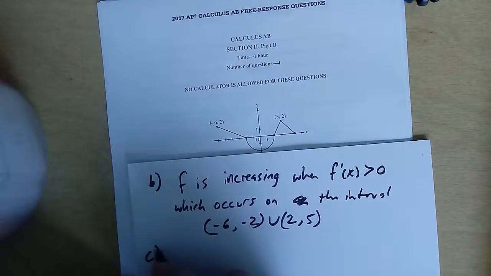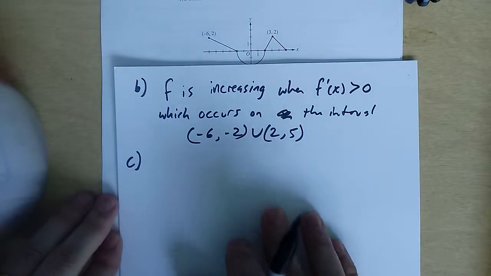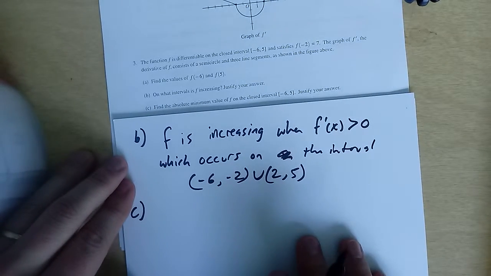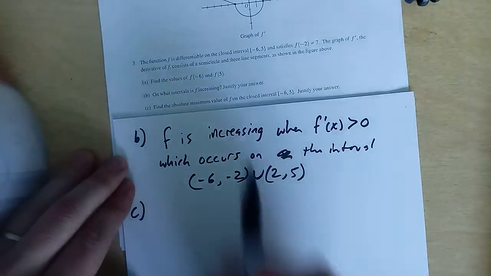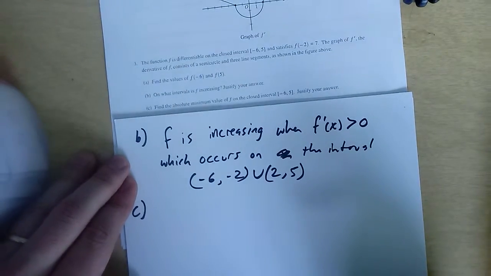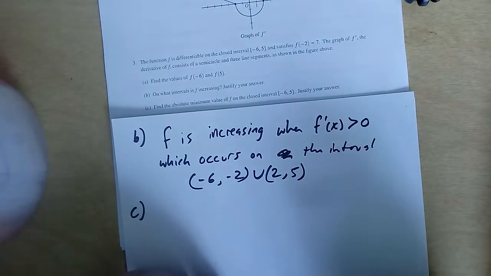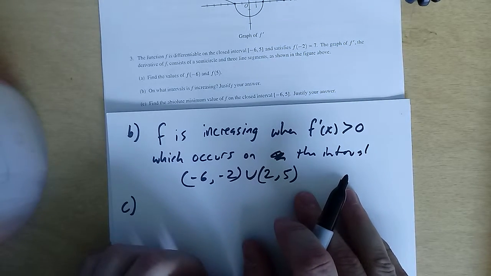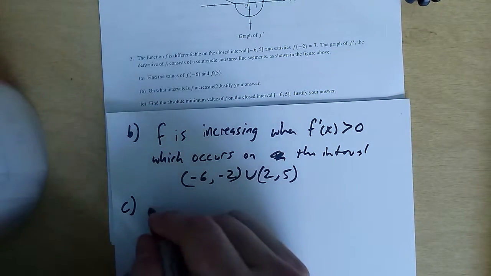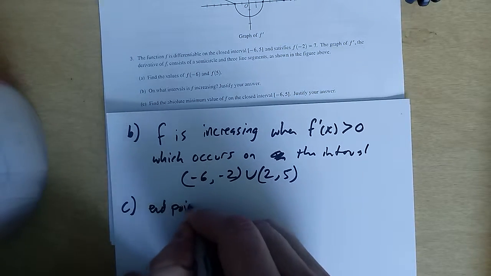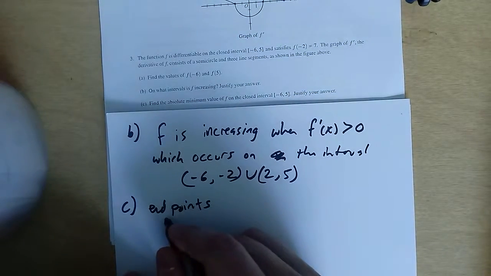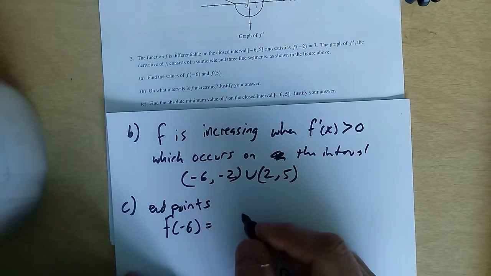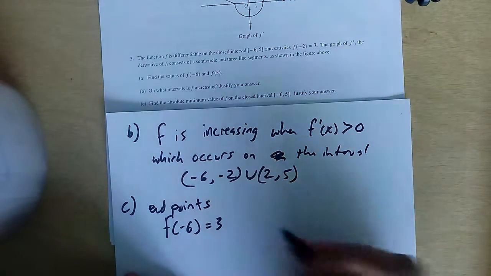All right, let's look at part C. Find the absolute minimum value of f on the closed interval -6 to 5. Now, since it's asking me to find the absolute min, I'm going to need an x and a y coordinate. Absolute minimum could occur at either endpoint, so I need to check my two endpoints. f of -6, we got it earlier, and it was equal to 3.